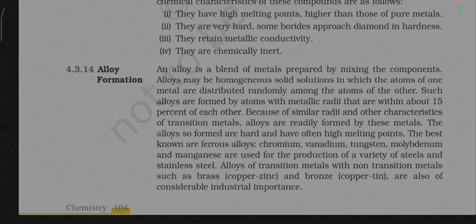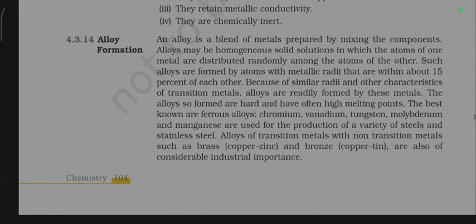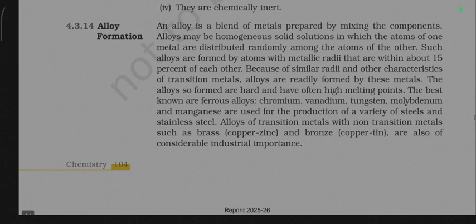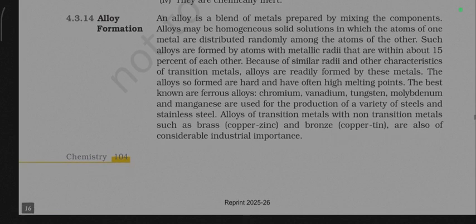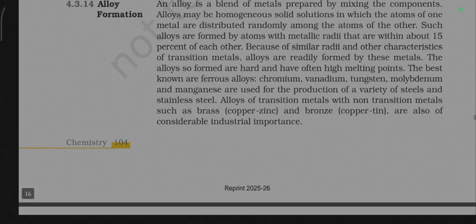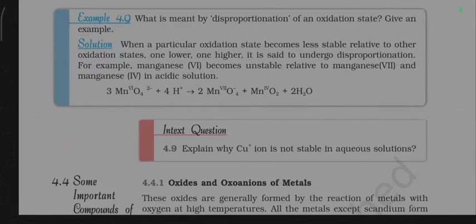The alloys so formed are hard and have often high melting points. The best known are ferrous alloys. Chromium, vanadium, tungsten, molybdenum and manganese are used for the production of a variety of steels and stainless steel alloys of transition metals. With non-transition metals, such as brass, copper and zinc, and bronze, copper and tin, are also of considerable industrial importance.